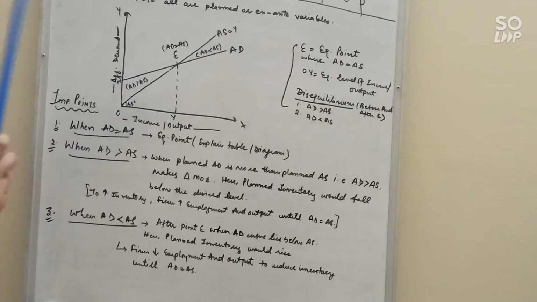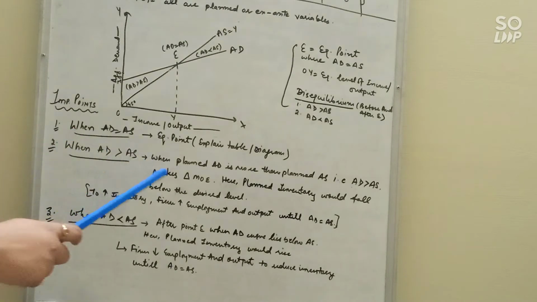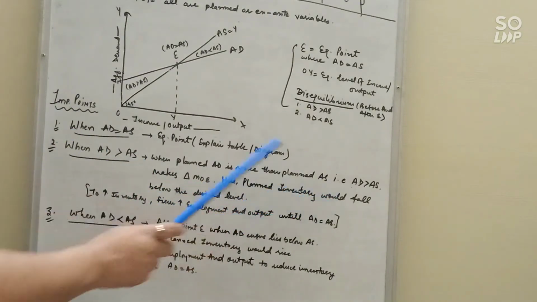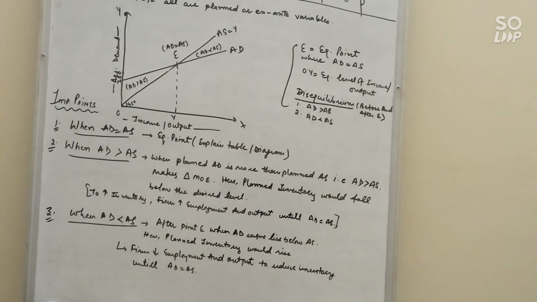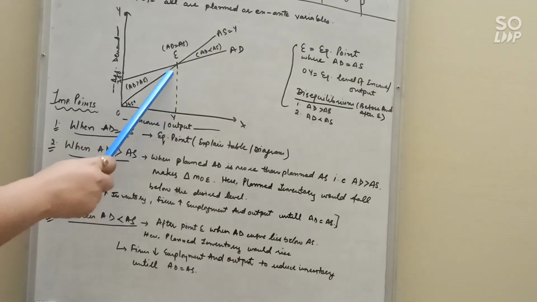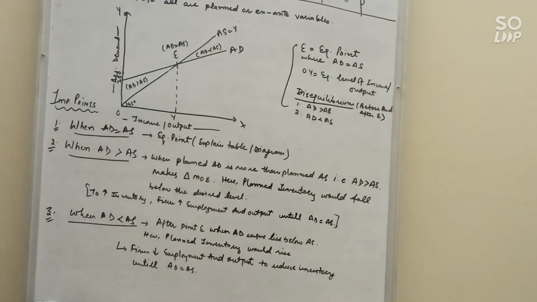As a result, planned inventory would fall below the desired level. Inventory means stock, so total stock will reduce. To increase this inventory, firms will increase the employment level and output until AD and AS are equal.